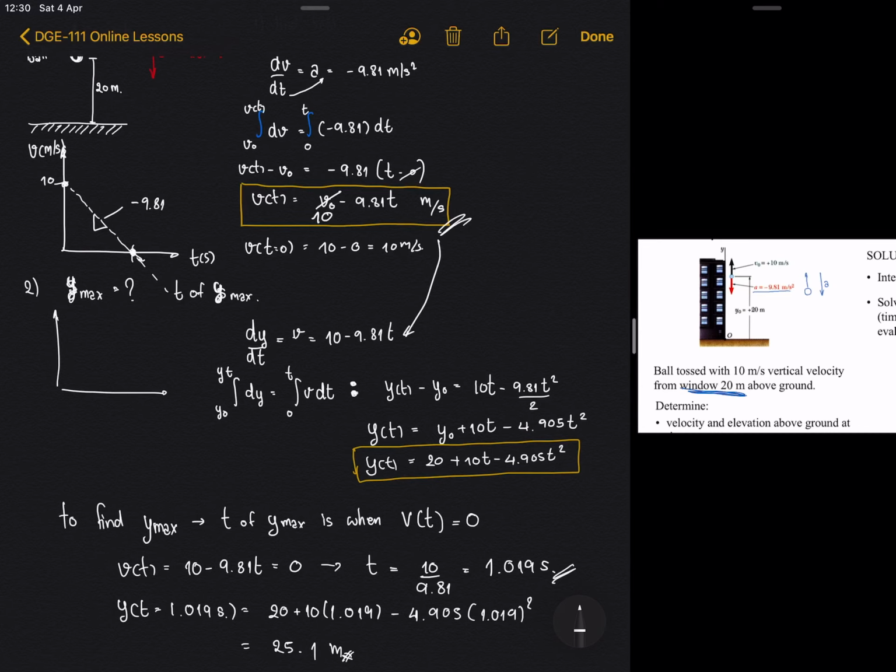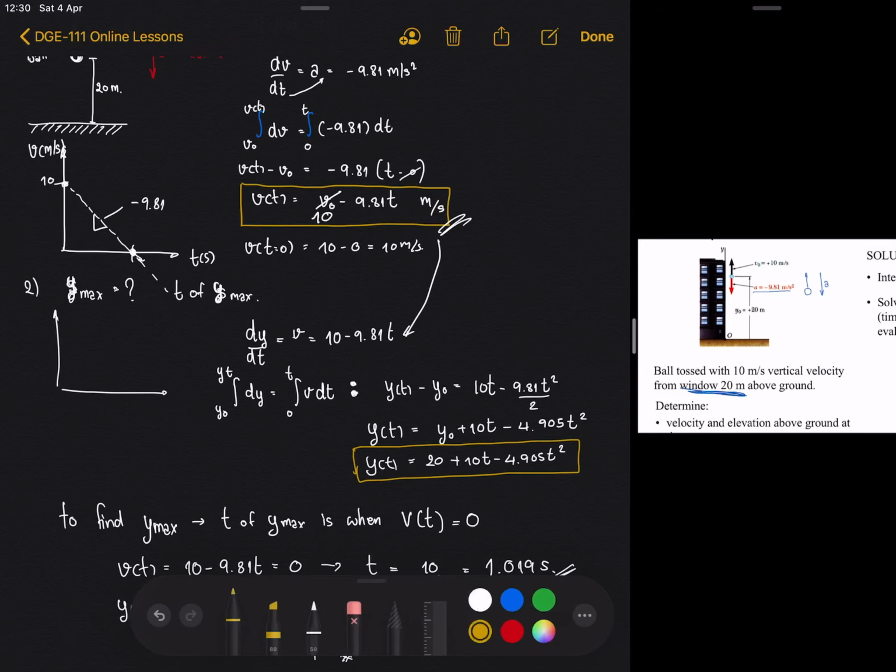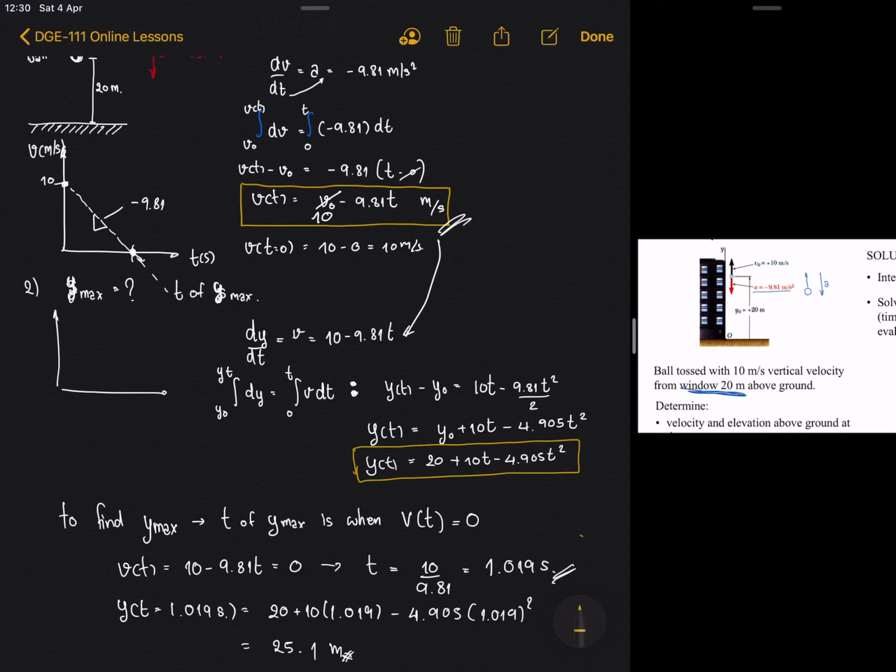Okay, so we have the y max. Here is the answer. This is the time, this is the height.